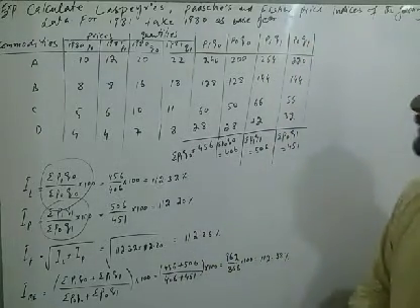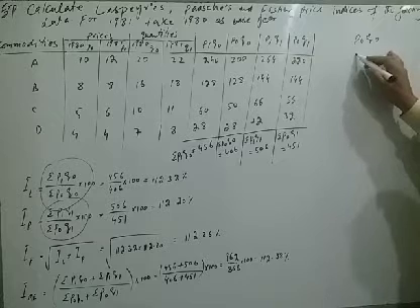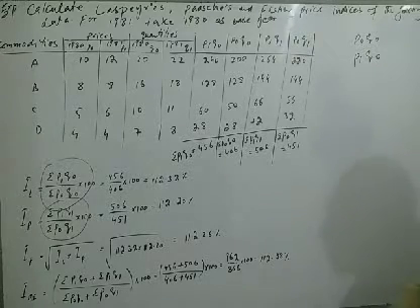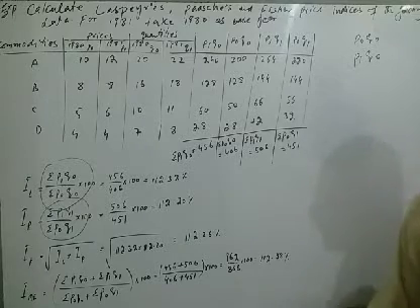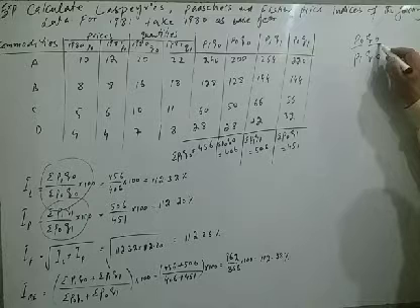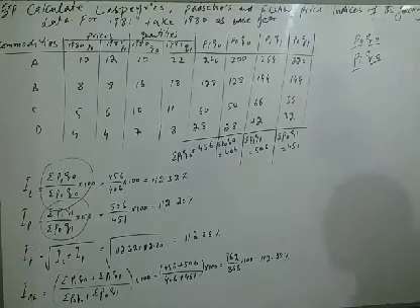It means we have to find P naught Q naught as well as P1 Q naught. How can we find them? We will make the columns. Just the product: Q naught is given, P naught is given, P1 is given. Just multiply them.